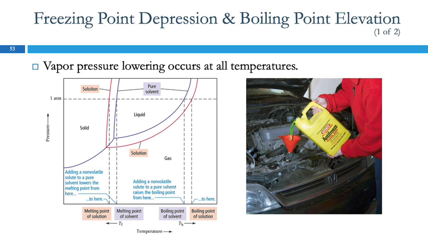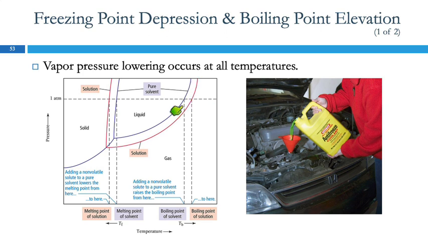If we look at a phase diagram, we can draw some new lines here, understanding that vapor pressure lowering is going to happen at all temperatures. So here is for the solution, and here is for the pure solvent. The vapor pressure of the solution is lower, and so its curve is going to extend out here.